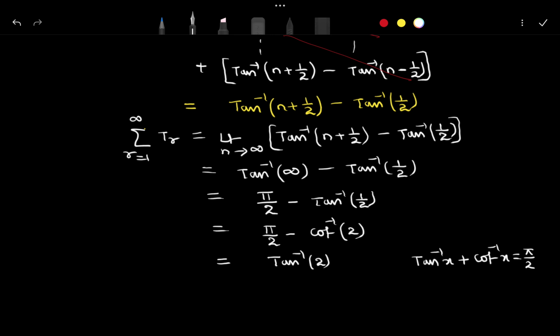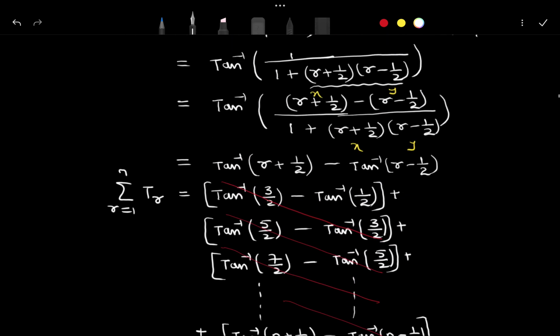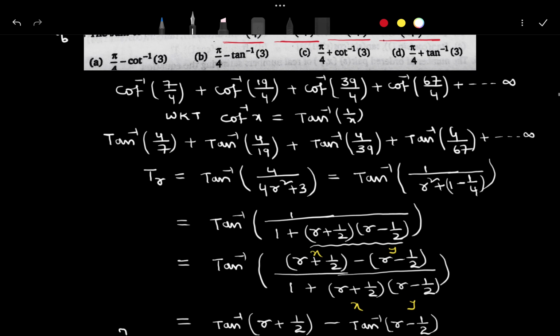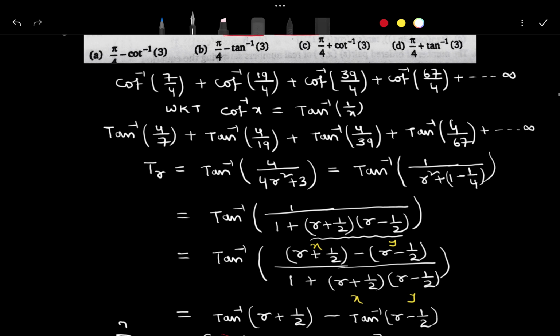So now you can see the options. What is the right option? Pi by 2 minus all of these will be nothing but pi by 4 minus these values. So we will do one thing.